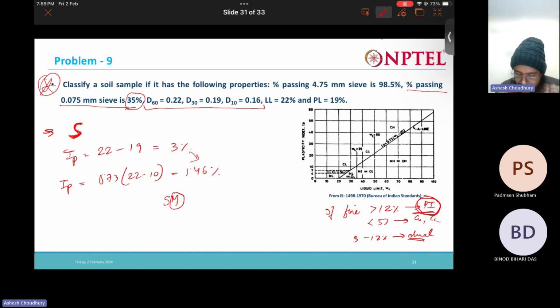Now, if you see the chart, see this plasticity chart, between 4 and 7%, there are two dotted lines drawn, right? This portion is a dotted line.